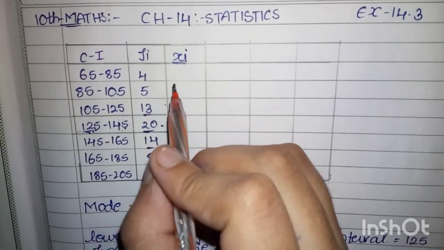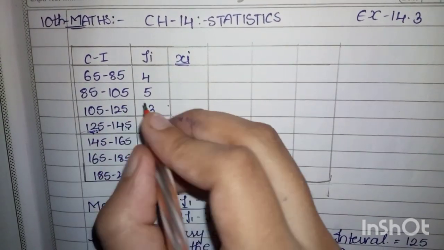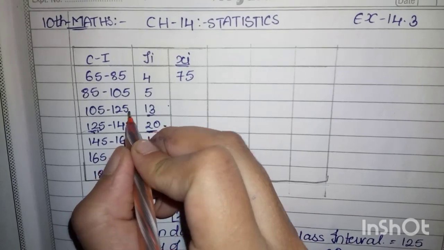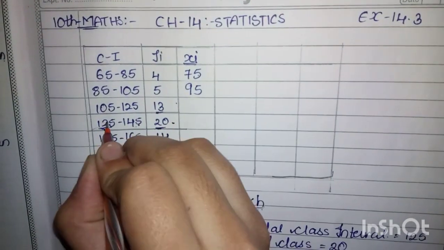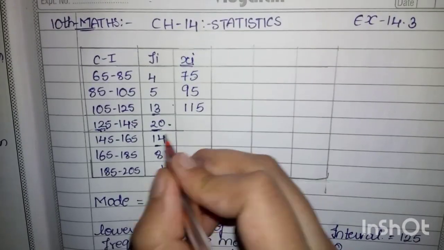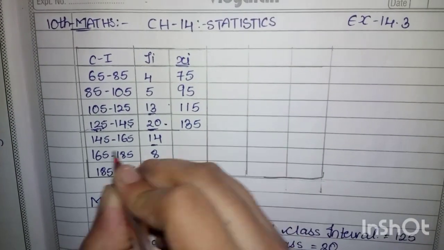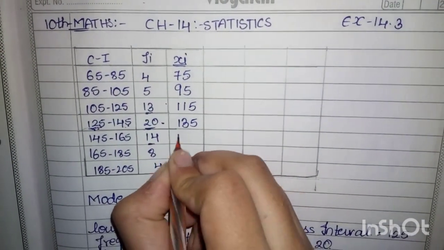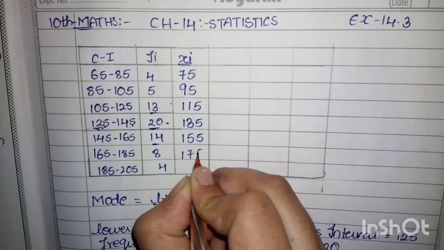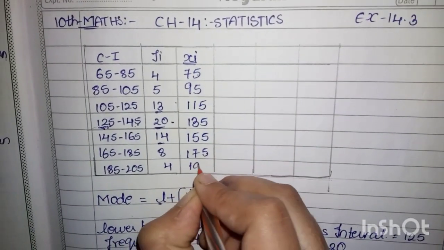We take the average: 65 plus 85 by 2 is 75. 85 plus 105 by 2 is 95. 105 plus 125 by 2 is 115. 125 plus 145 by 2 is 135. 145 plus 165 by 2 is 155. 165 plus 185 by 2 is 175. Next, 185 plus 205 by 2 is 195.